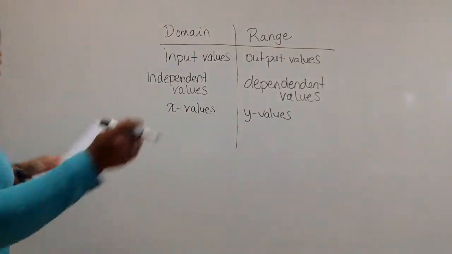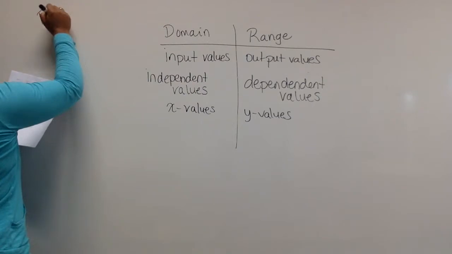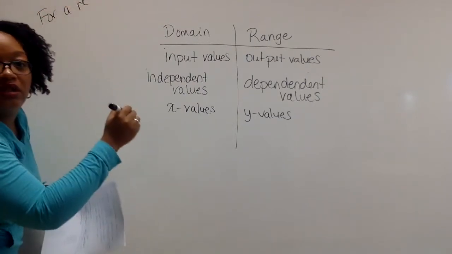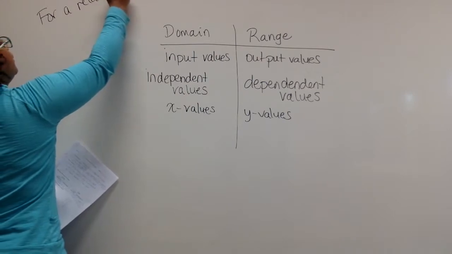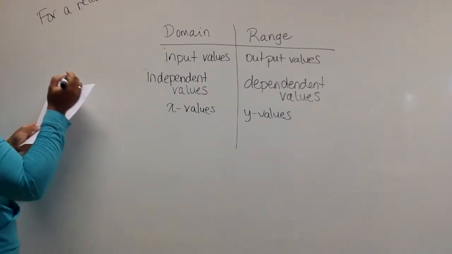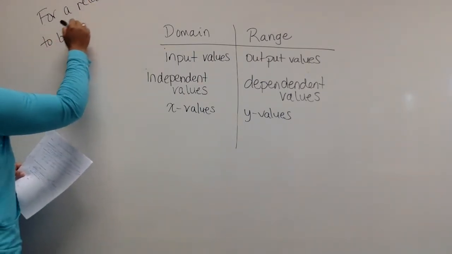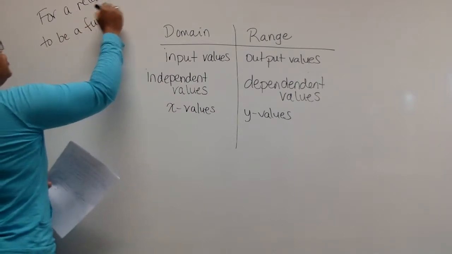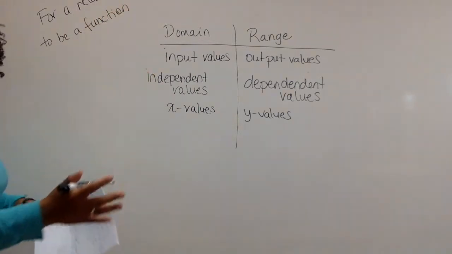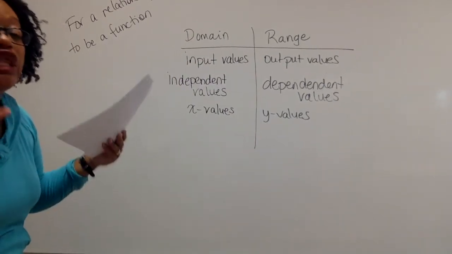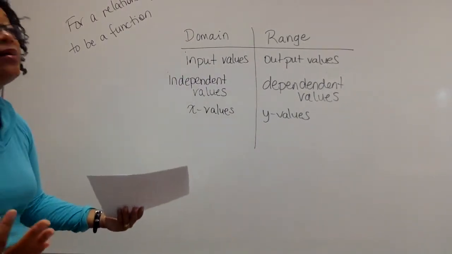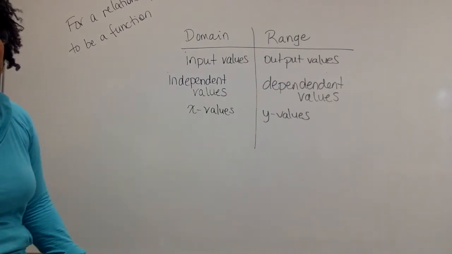All right? So write this down. For a relationship to be a function. Because remember, I told you, we're dealing with numbers. For the most part, we'll get some word problems in later, but for right now, we're dealing with numbers. So if I just give you a set of numbers, you've got to know, is this a function or not?